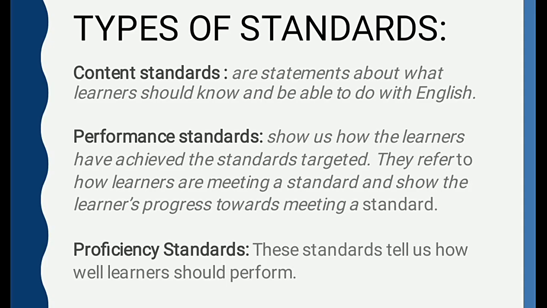Is it through speaking, listening, writing, or reading activities? Proficiency standards provide criteria for evaluating how well a learner has achieved the content standards. They allow teachers to identify which performance deserves an excellent mark and which doesn't.